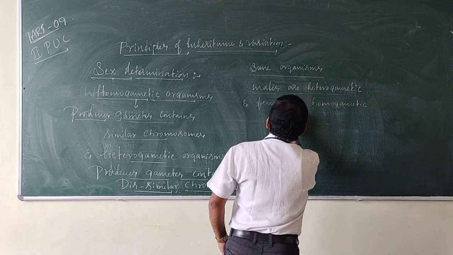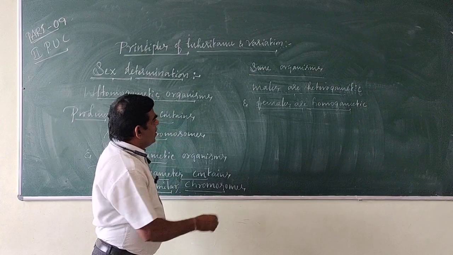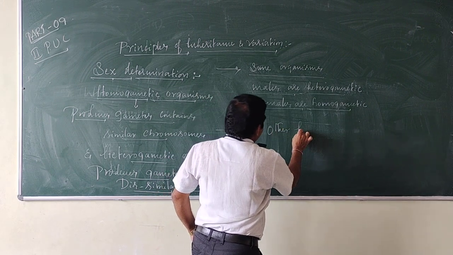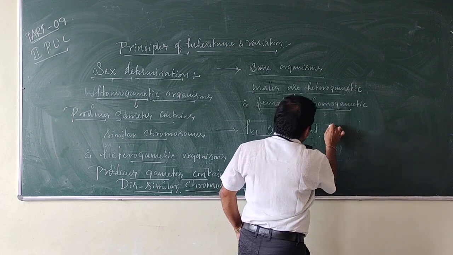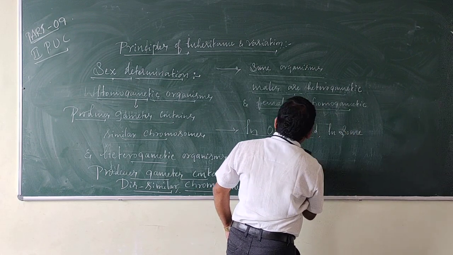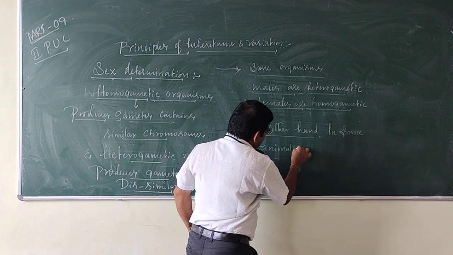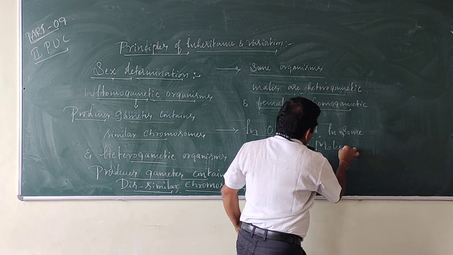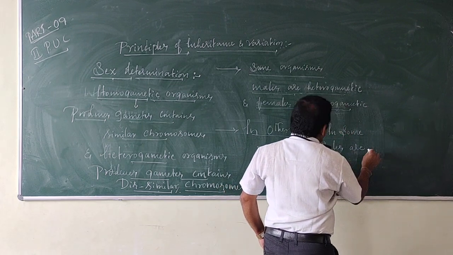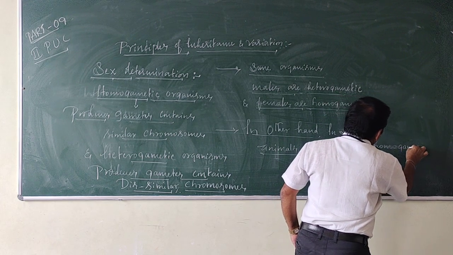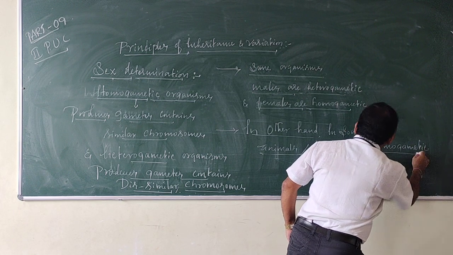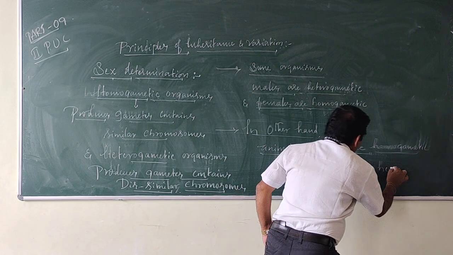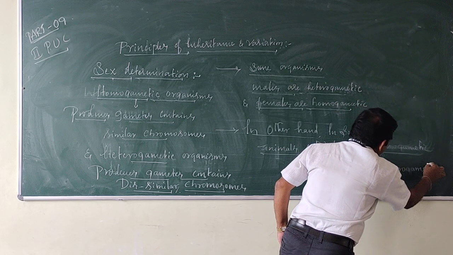On the other hand, in some animals, it is the reverse: males are homogametic and females are heterogametic. Clear?